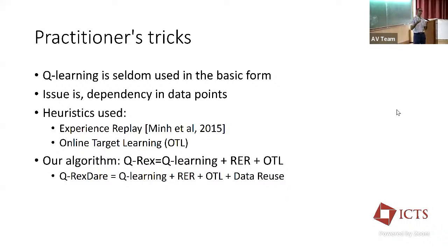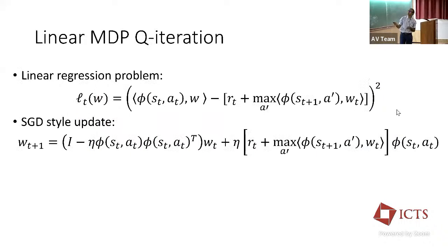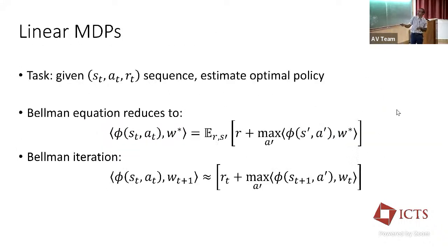In online target learning, rather than updating the target every time, so here, who gives the target? The target is given by W_t, the current Q value function or current policy that you have. Rather than updating this target every time as you update your Q function, you fix the target for a certain number of iterations.